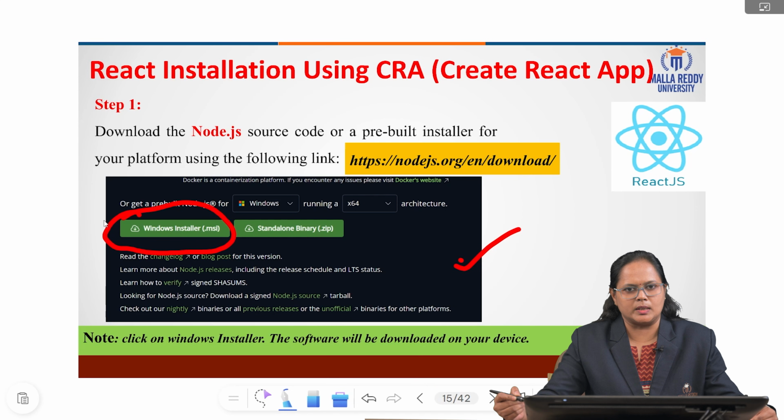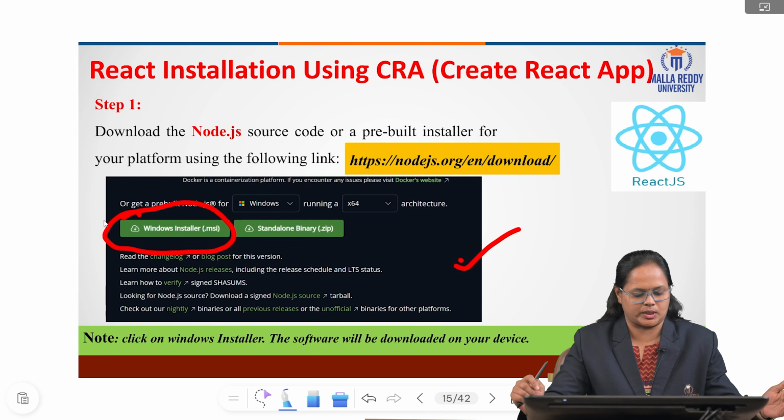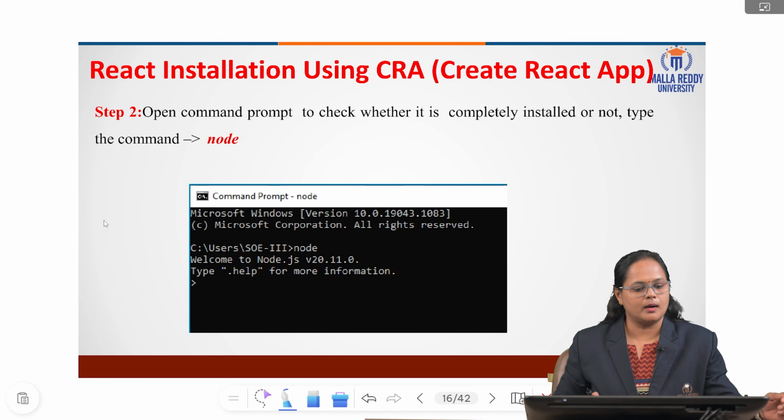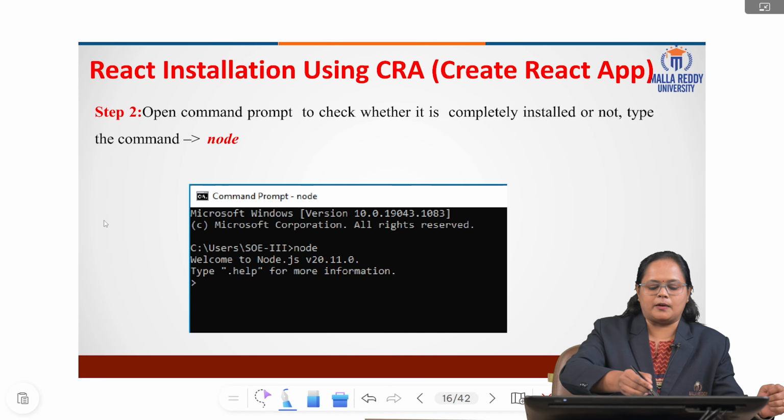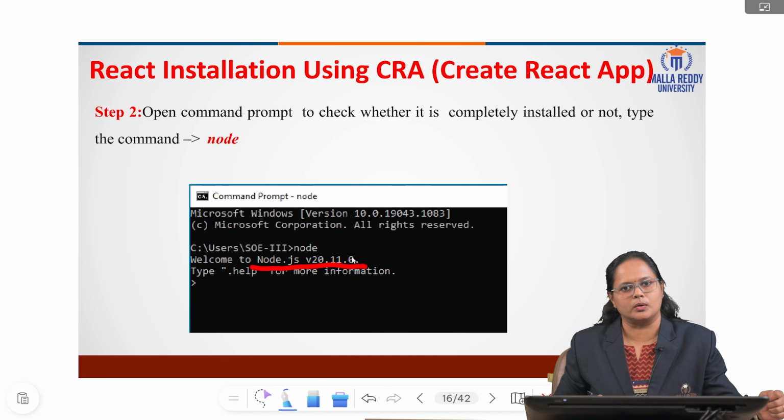Click on the Windows installer, the .exe file is generated, and double click on the .exe file; Node.js gets installed. Next, to check whether Node.js is properly installed or not, open the command prompt and type node. If the current version of node which has been installed is displayed on your command prompt, your Node.js is perfectly installed onto your PC.